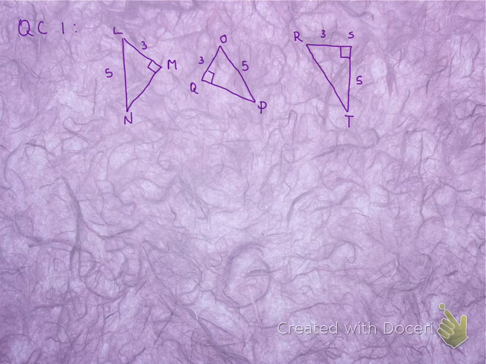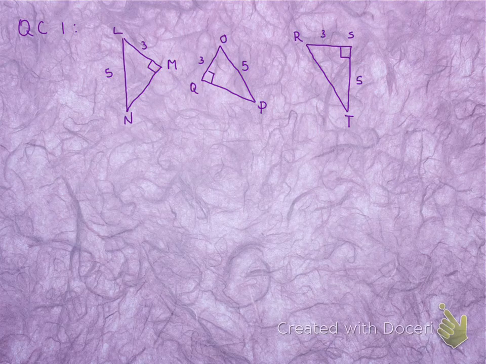Okay, so we're looking at quick check 1. What we're doing here is naming the two triangles that are congruent by the HL theorem, the hypotenuse leg theorem, which is theorem 4.6. Again, HL, hypotenuse leg. If the hypotenuse and a leg of one right triangle are congruent to the hypotenuse and the corresponding leg of another right triangle, then the triangles are congruent.